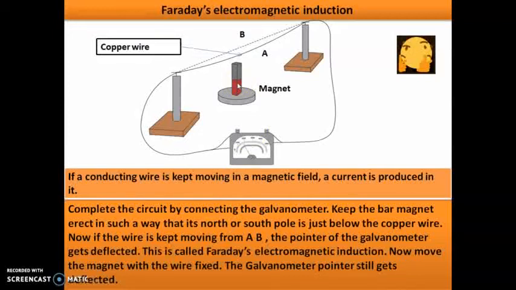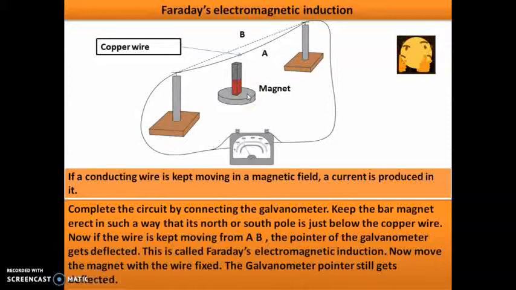Now the original position of the wire is A. If we move the wire to B, we can see a deflection in the galvanometer. That means some current is produced here. Now move the magnet with the wire fixed. Initially we moved the wire with the magnet fixed, and now in the second case we fix the wire and move the magnet.